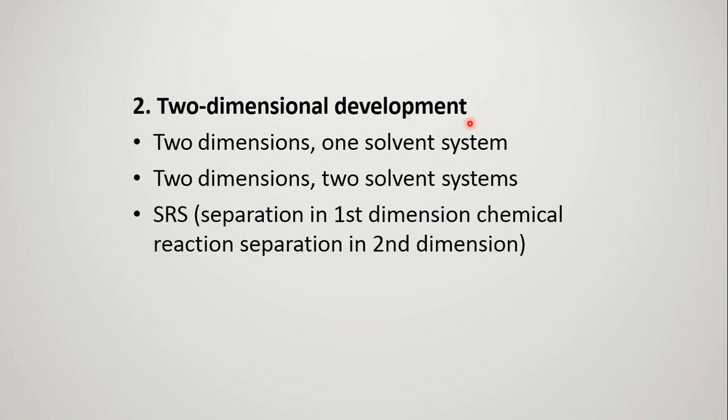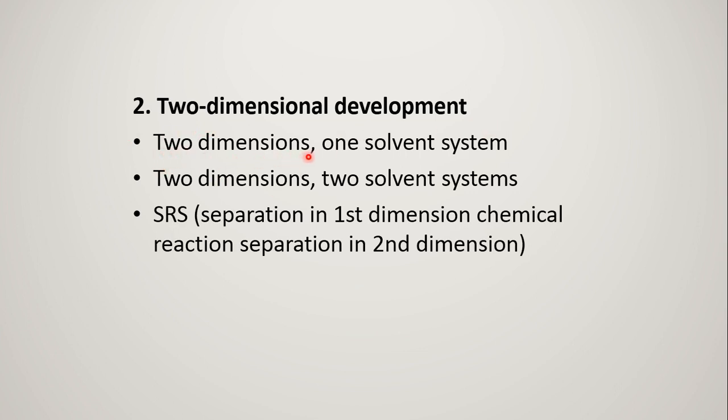Combined, that is called two dimensional development of the TLC plate. First we run the sample components in the first experiment, then we turn that TLC plate 90 degrees, and then we run the second experiment. So we get two dimensional development over TLC plates.